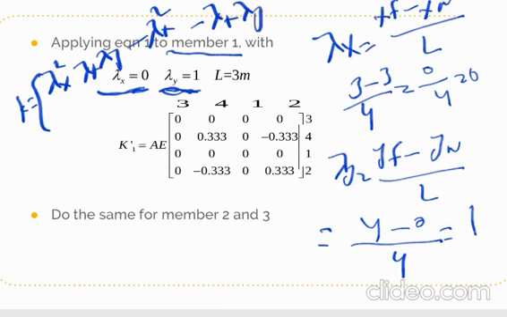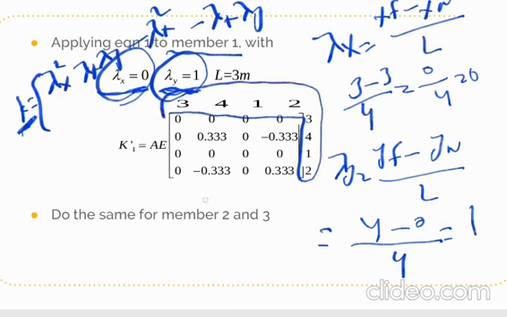You can go to a previous example and look for the K matrix. Depending on these values, we have lambda x is 0 and lambda y is 1. You can put the values, and please also don't forget the global numbers here.